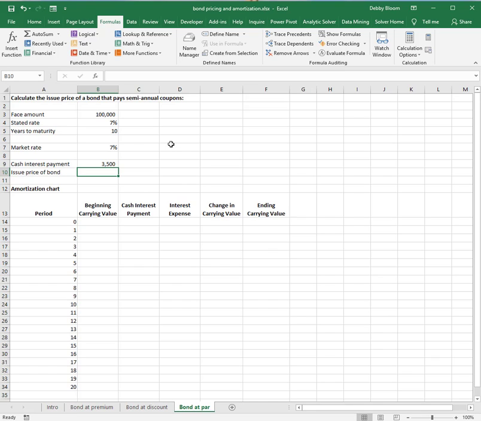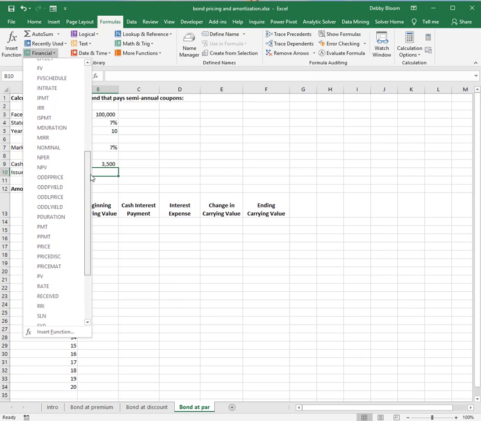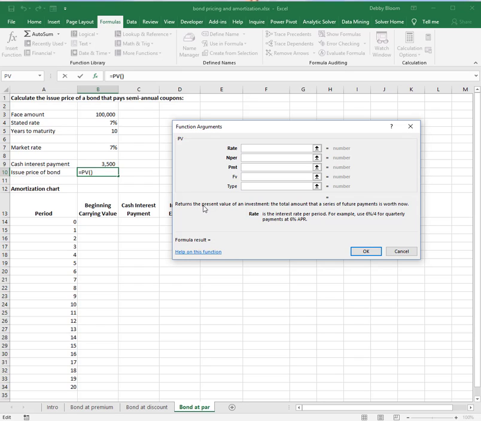So to calculate the issue price of the bond, we're going to take the present value of the cash flows. In cell B10, we're going to click on Formulas, Financial, and then scroll down until we find PV. In the rate, we're going to click on the market rate of 7%. Do not click on the stated rate. The market rate goes in the rate. And then we're going to divide by 2 because it's semi-annual.